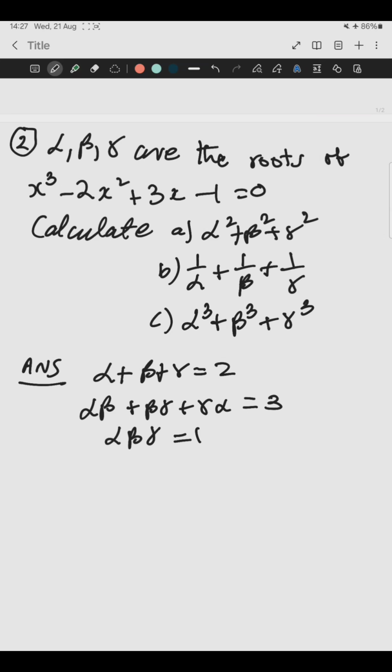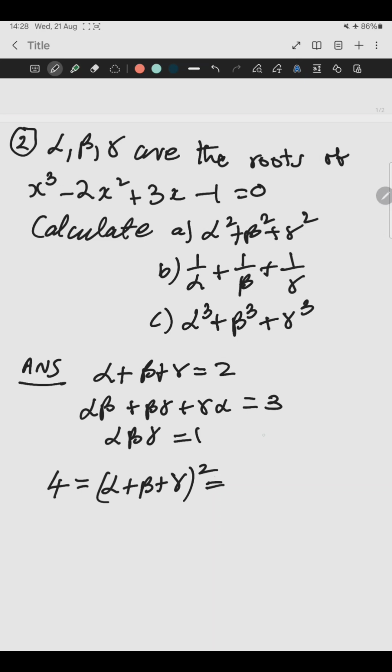So first of all, we want to find out what the sum of the squares of the roots is. So you can write down 4 equals alpha plus beta plus gamma squared. We know that because the 4 is 2 squared.